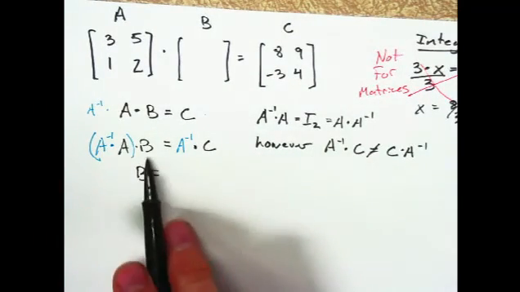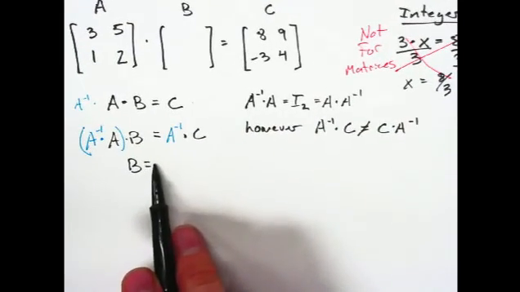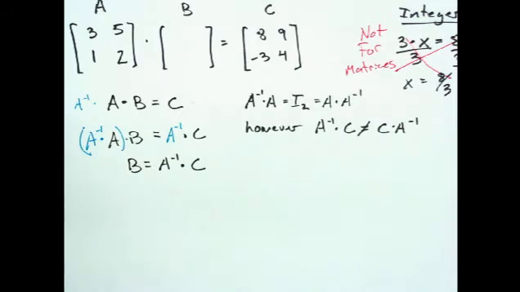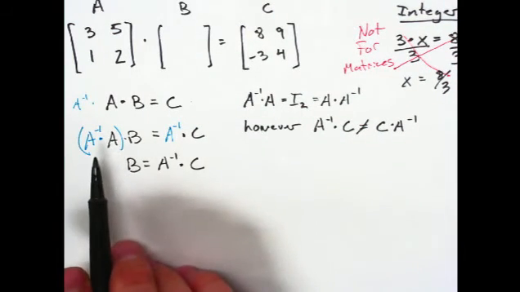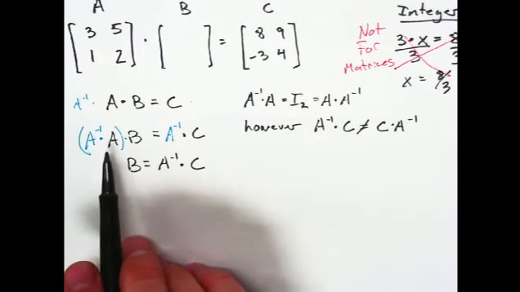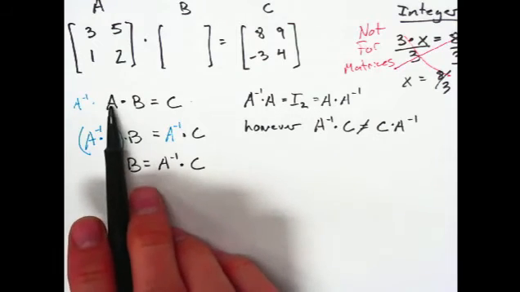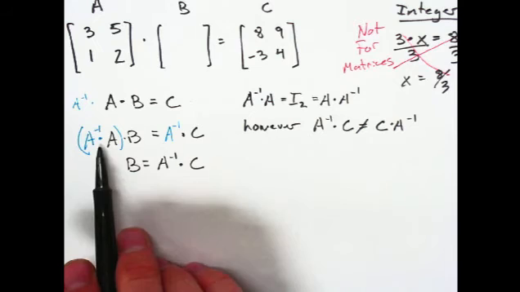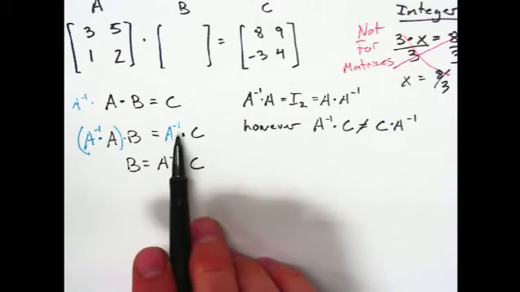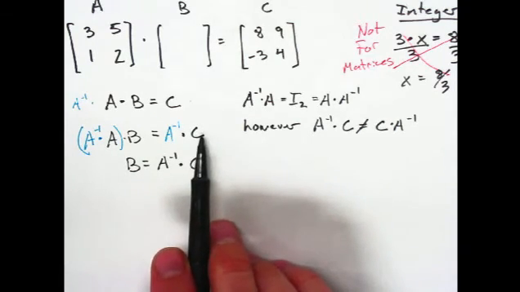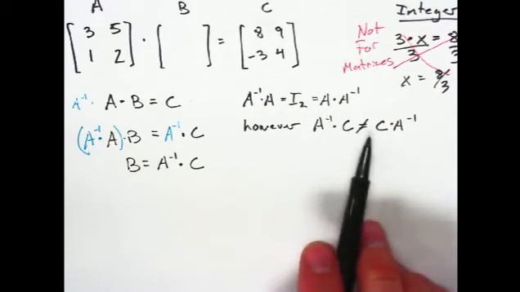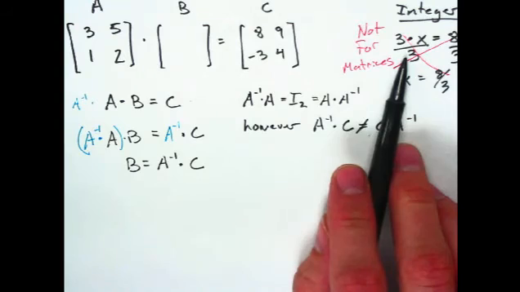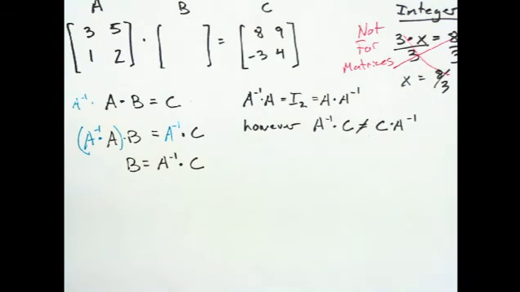So the identity times B is just going to be B, and that equals the inverse of A times C. Again, the side on which you multiply your matrices does matter. To get rid of this A, you have to multiply by the inverse of A on the left, and I have to do the same on the left of the other side of the equation as well, because matrix multiplication is not commutative and there is no division, so I have to multiply by its inverse.